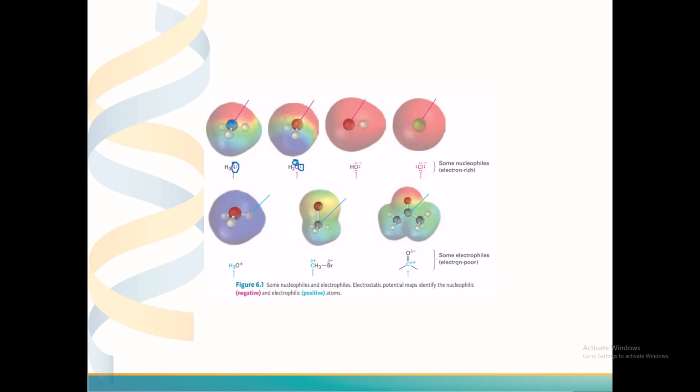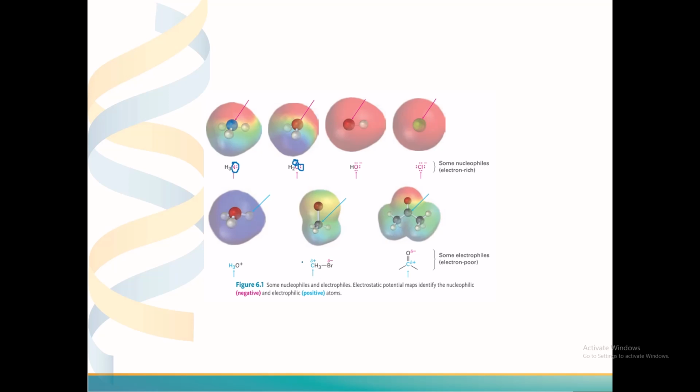Some are electron poor. For example, here this oxygen is positively charged, and this is very poor in electrons because all of it is occupied. It doesn't have a free space where electrons can be. And here in this methyl, this blue part, the one being shown with an arrow, is also an electrophile.